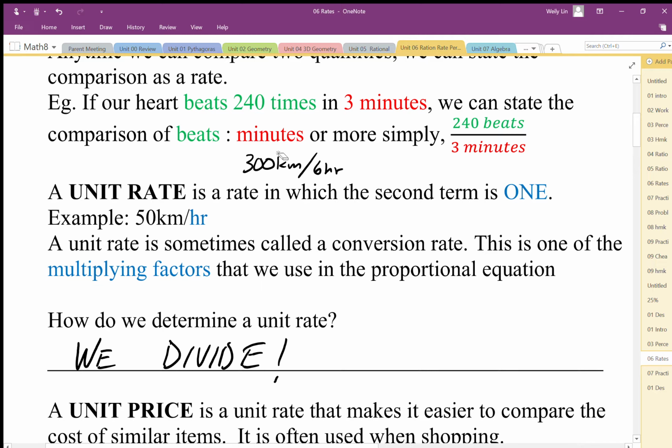This is a rate, kilometers to hours. If I want to find this unit rate, I divide these quantities to get kilometers per hour. In this case, I would end up with 50 kilometers per hour. And these unit rates are very useful. We have used them before. They're often called conversion rates because these are our multiplying factors that we use when we do our rate problems.